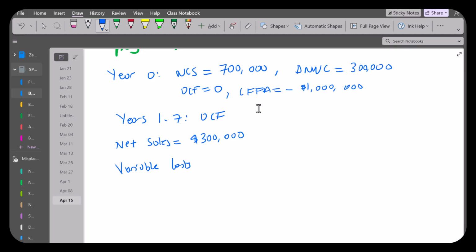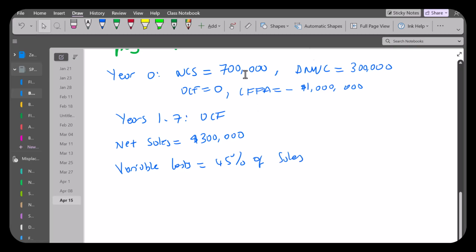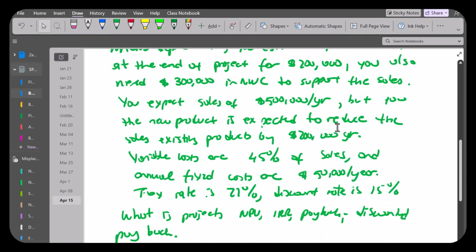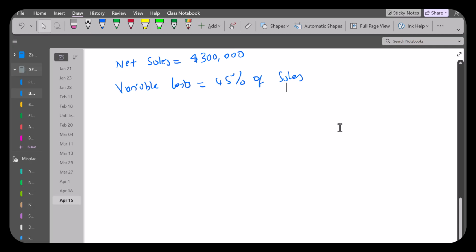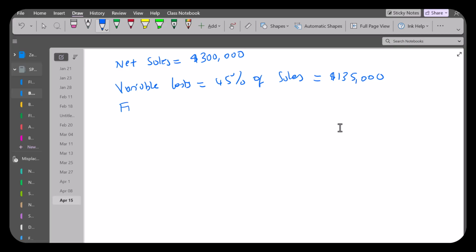Variable costs are 45% of sales, if I don't misremember the number I put in, yes. So that's going to be $135,000. Fixed costs are, I say, 50. Yeah.